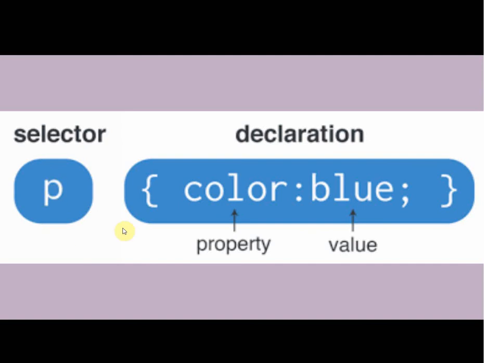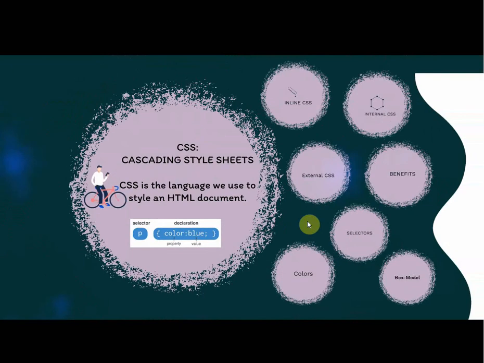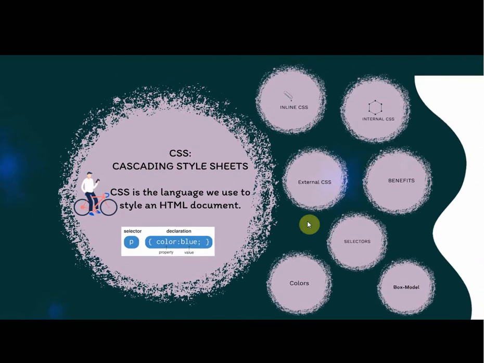When we want to determine that the paragraph should be blue in color, we write the property here and the value here. Instead of color, you can also write font size or font family. You can write anything as a property, and when you assign it any kind of value, that will act as the value, like we have given color blue here. So this was the basics about CSS.